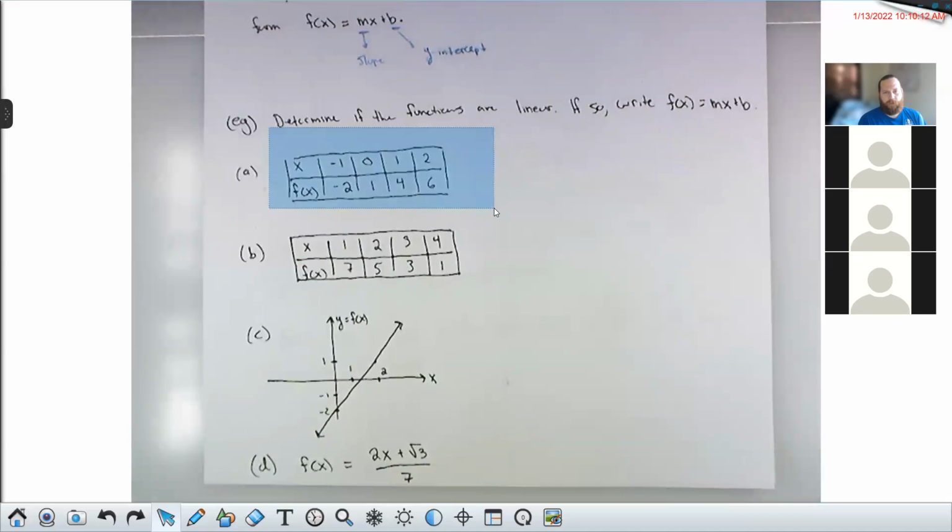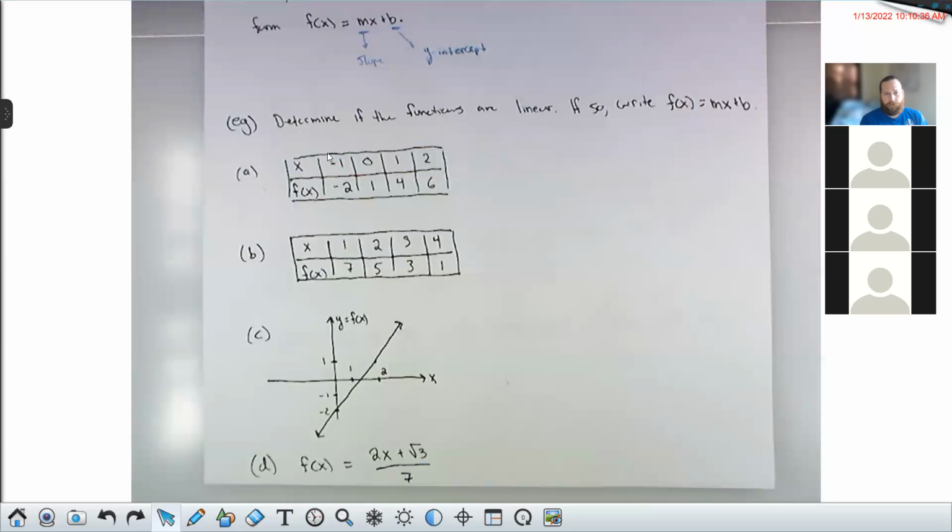So if you're given a function as a table, the only real way to check whether it's linear or not is to compute all the rates of change, right? You can look at the rate of change from -1 to 0, from 0 to 1, from 1 to 2. If all of those come out to the same constant, then you do have a linear function. If they do not all come out to the same constant, then you do not have a linear function.